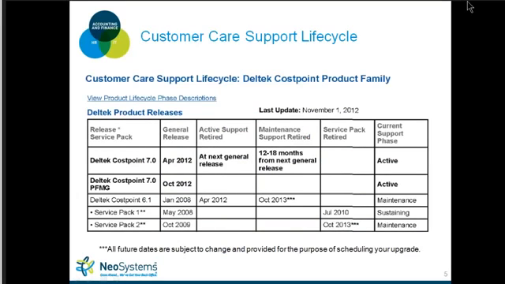Just a quick review of where we are in the product lifecycle of Costpoint. Costpoint 7 is in its active support phase, so it's the current release of Costpoint. It's currently what Deltek is shipping, and that came out in April of 2012. But more importantly, Costpoint 6.1, as you've heard from us, and if you weren't at the Deltek Users Conference, heard there, and have heard from other avenues, will be sunsetting and going into sustaining support mode in October of 2013.